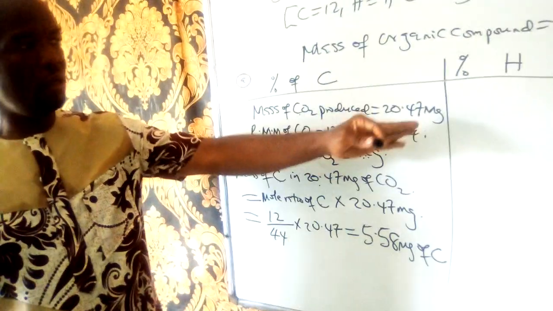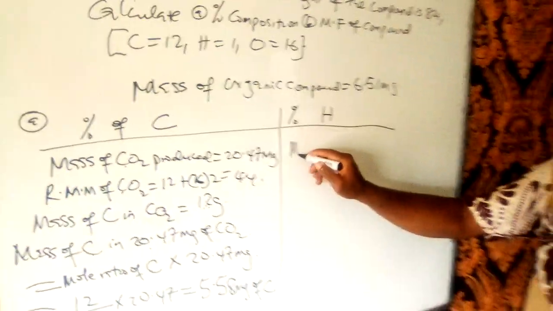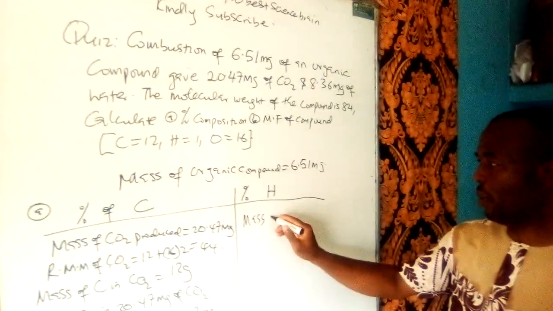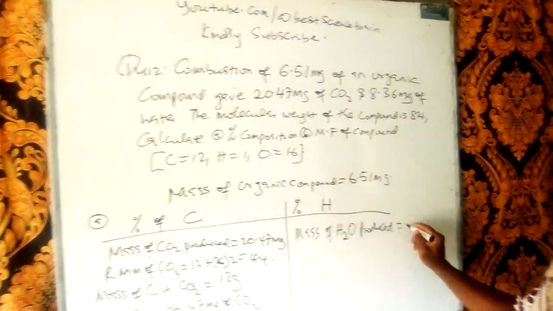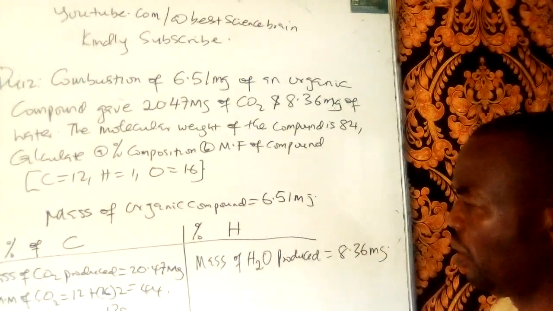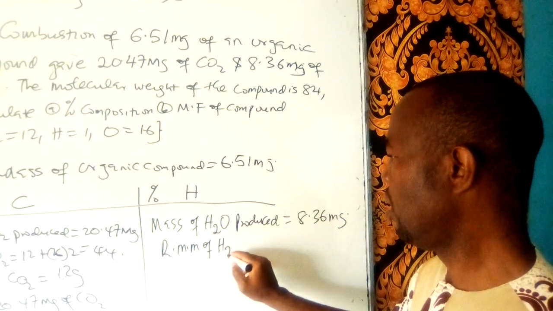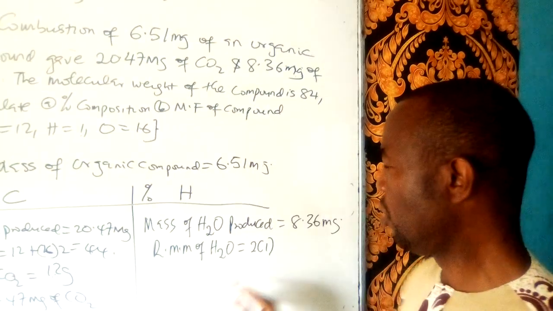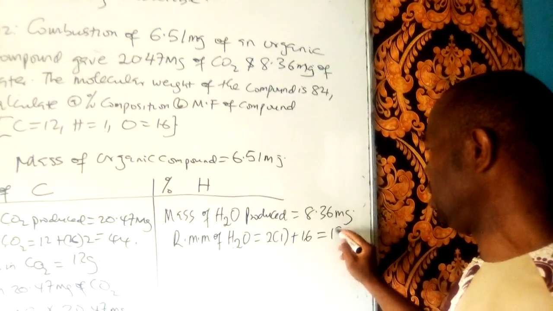We'll do the same thing for hydrogen. Hydrogen is found in water. So the mass of water produced is 8.36 milligram. The relative molecular mass of water will now be 2 times 1, since the atomic mass of hydrogen is 1 and there are 2 atoms here, plus 16 for oxygen, that gives us 18.